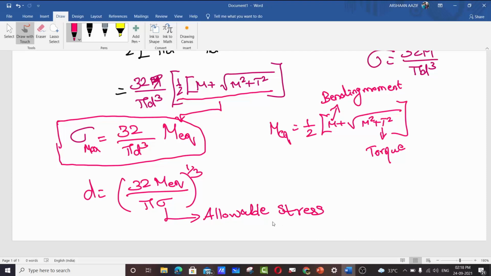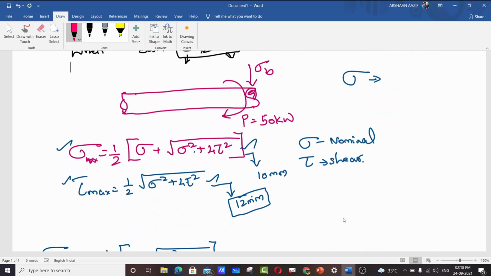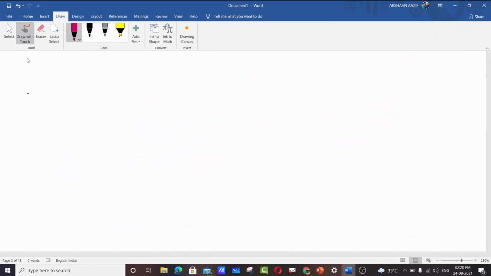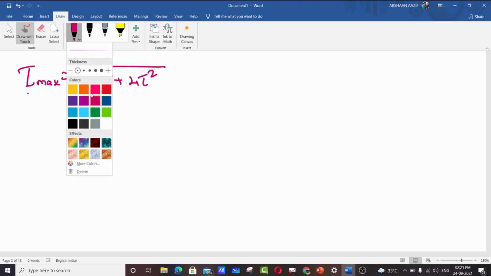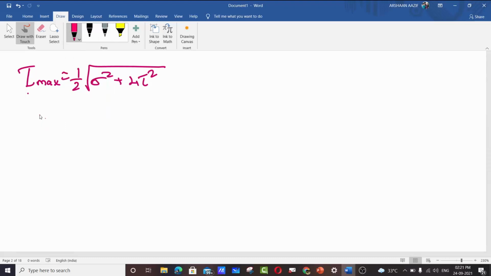So the same way, we will go ahead and derive the condition for next case, that is your equivalent shear stress. Now the formula for tau max, that is the maximum shear stress that will act on a member when it is experiencing a combined stress, is half into root of sigma square plus 4 tau square. Now using the same approach, the value of tau max is equal to half into root of my sigma is 32 by pi d cube the whole square into m square.